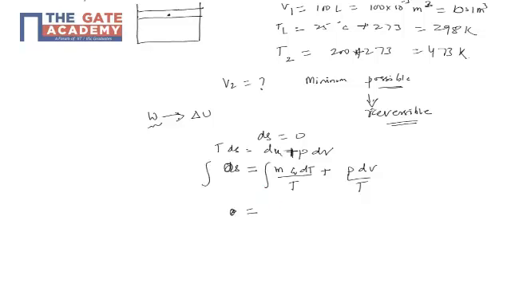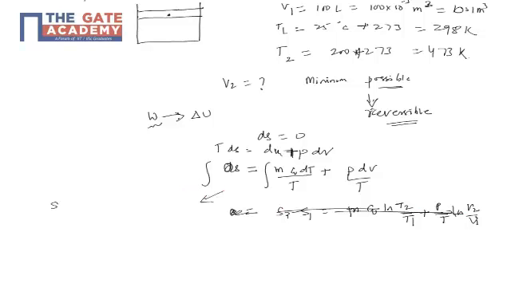So this is mcv dT, and I can just integrate as well. So that is like S2 minus S1, and this is mcv ln T2 by T1 plus P by T ln V2 by V1. Now I think I wrote a couple of steps forward, but let's understand in this way.